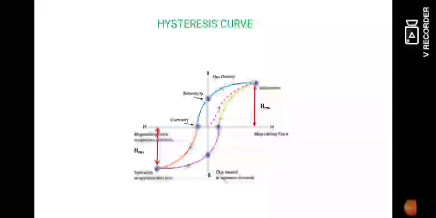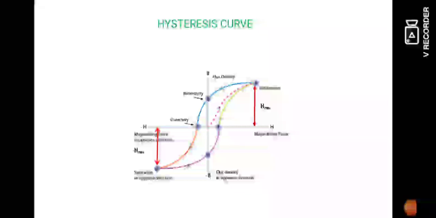As the negative H value increases along the negative x-axis, the B value decreases gradually and reaches 0 at the point C. The magnetic field H has a particular value, but the magnetic induction value B is 0.